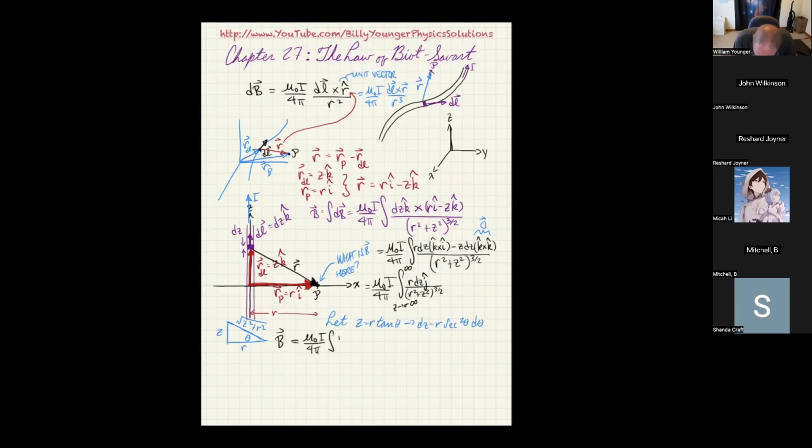So I had an r there already, so now I got an r squared secant squared theta d theta. The j hat plays essentially no role but giving us a direction, by the way. And down here in the bottom, we're going to have r squared in both terms because z is equal to r tangent theta. So I'm going to factor out that r squared, and I'll have left 1 plus tangent squared theta, all of that to the 3 halves power.